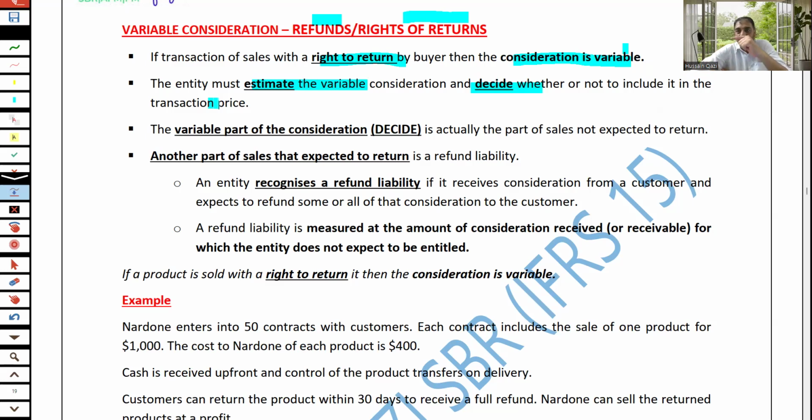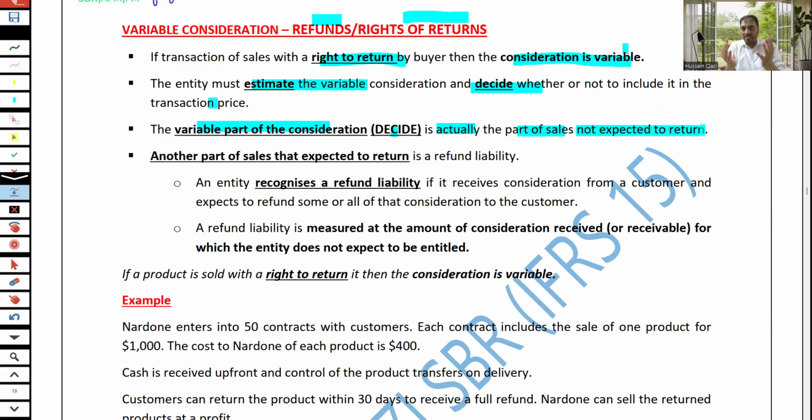So here the variability is not about 40. The variability is about 460 units. That's the point. The accounting standard is clarifying that the variable part of the consideration that we need to decide is actually the part of the sale not expected to return. Not expected to return. So very simple.